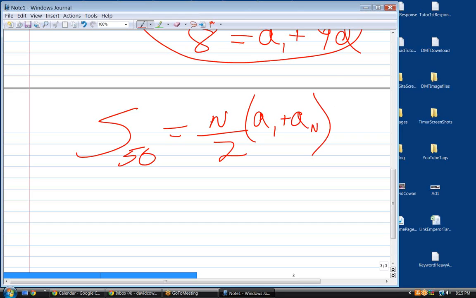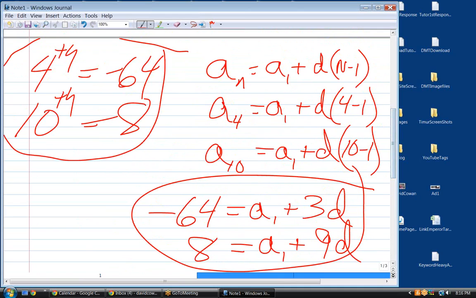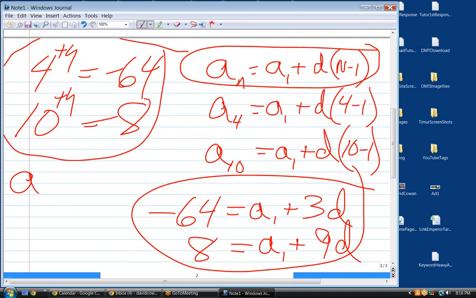So what do we need to figure out? Let's see what the 50th term is first. We know the 50th term would be a sub 1. What did we figure a sub 1 was? Minus 100, plus the common difference of 12 times 49, n minus 1.